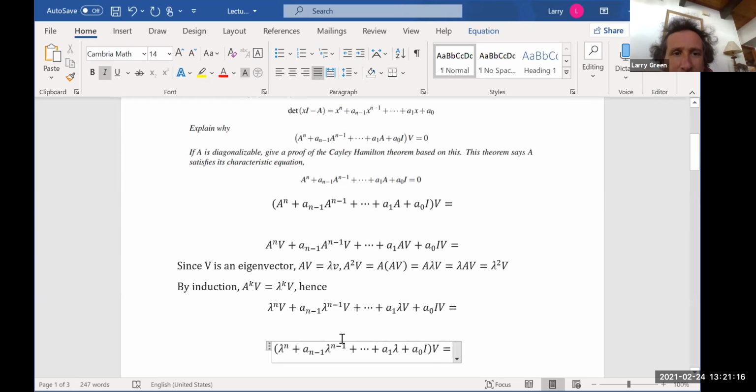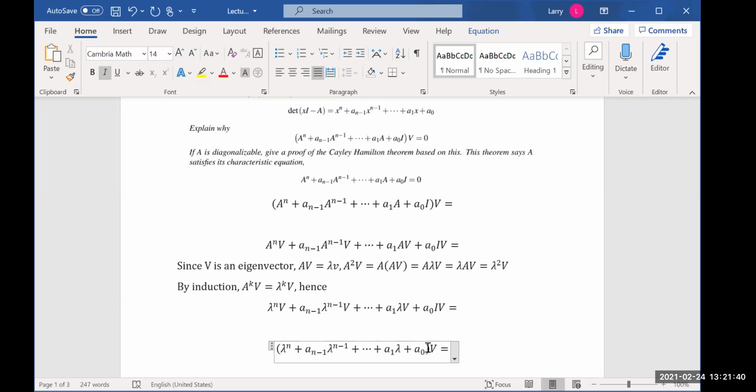All right. But now, what's lambda to the n plus a_{n-1} lambda to the n minus 1 plus dot dot dot plus a1 lambda plus a naught I? No more I anyway. We factored out the V. And what is that? In one easy way of writing, 0.